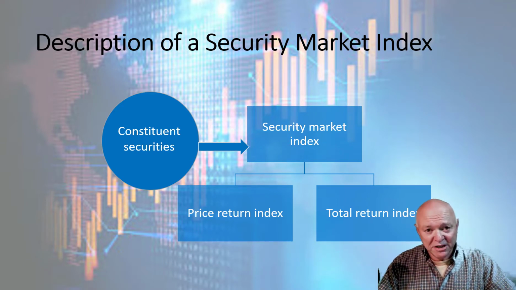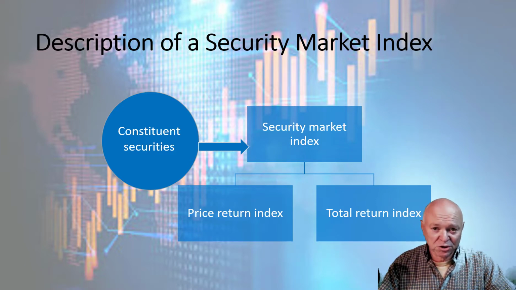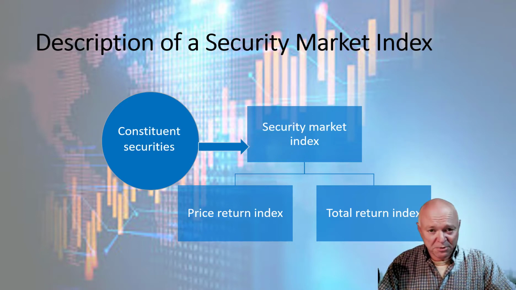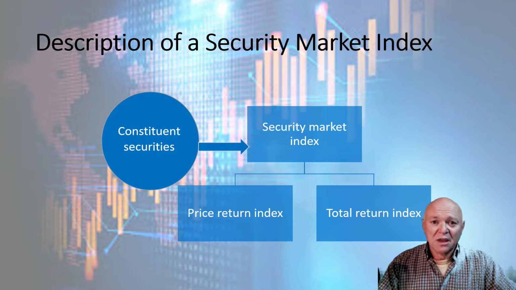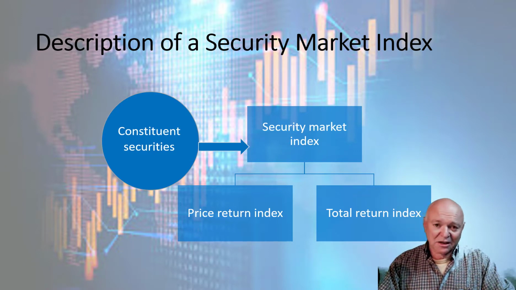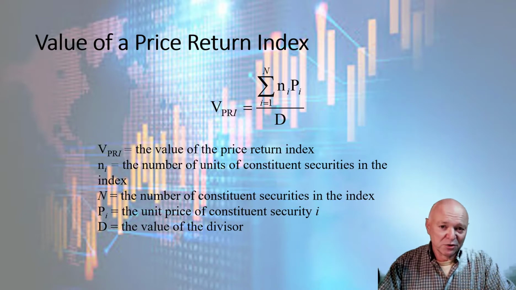A price return index focuses in particular on the change in the share price from one period to another. A total return index includes the information that we get about things like dividends or interest payments that are received during the period, so we have a combination of both the price appreciation, the capital gain, as well as the increase in the value of the distributions.